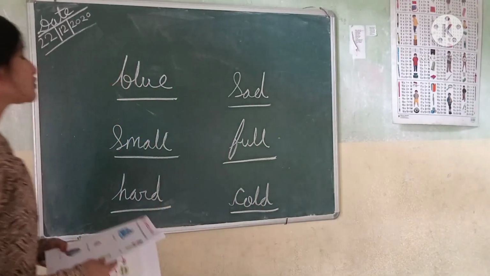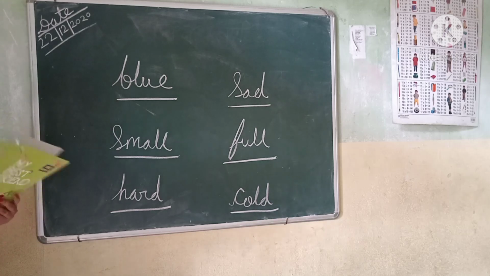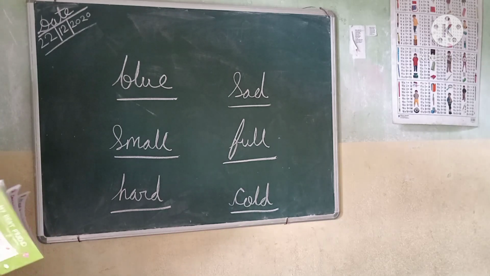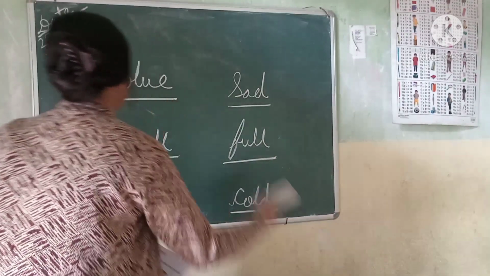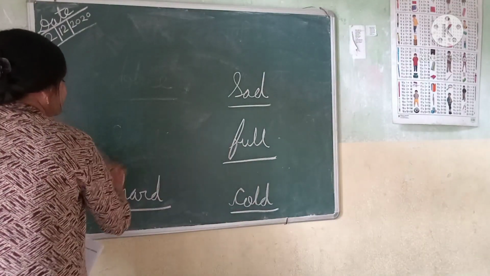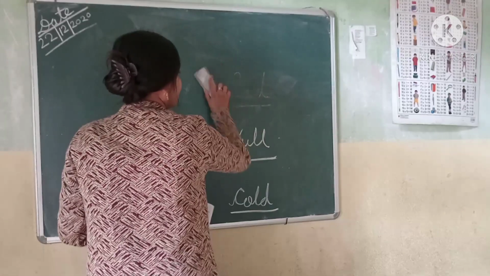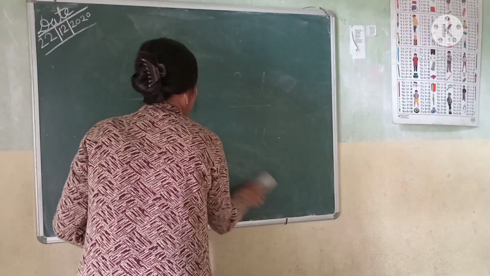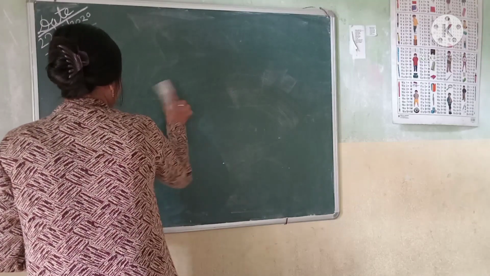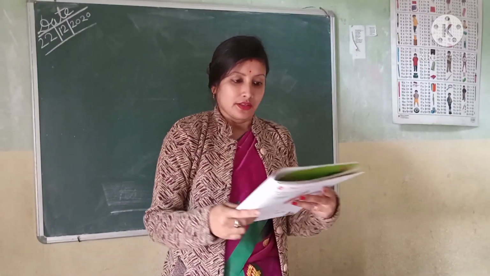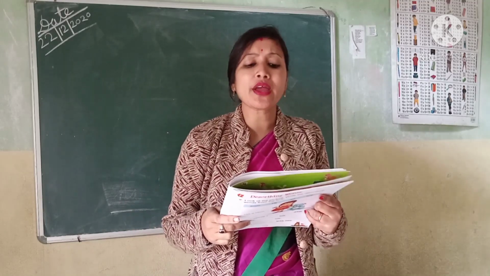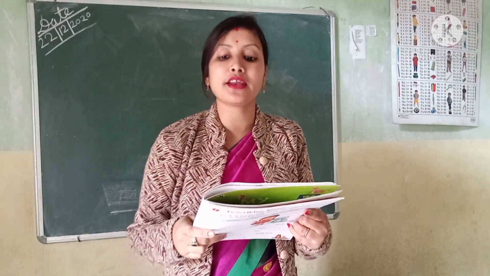Okay. So you have to also do this page number 5. Pages 4 and 5. Okay, turn to page number 6. Page number 6. This is also describing words. Look at the pictures. Circle the correct words.